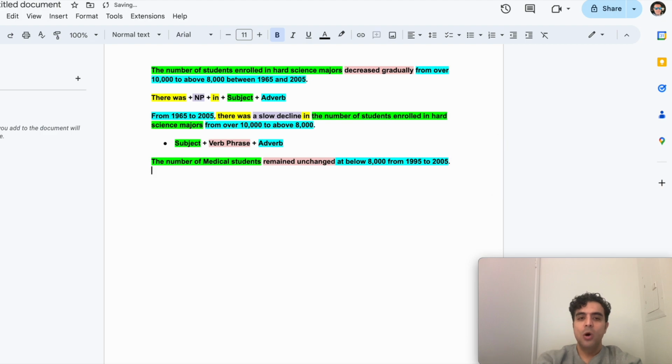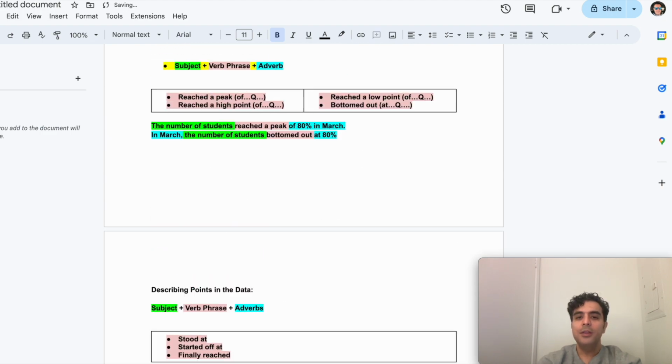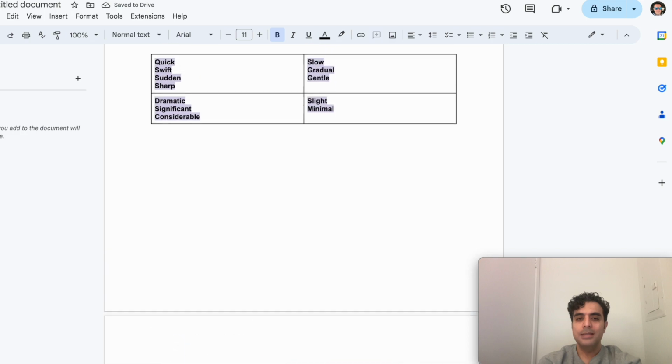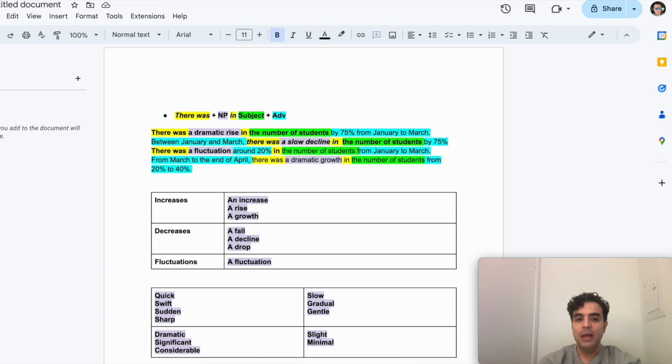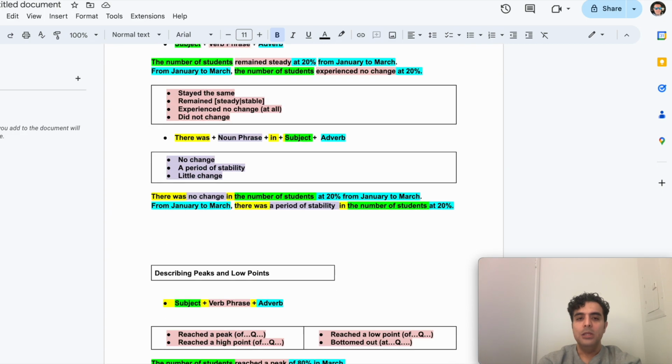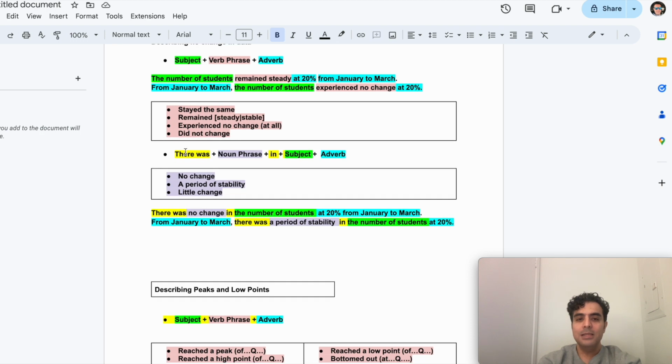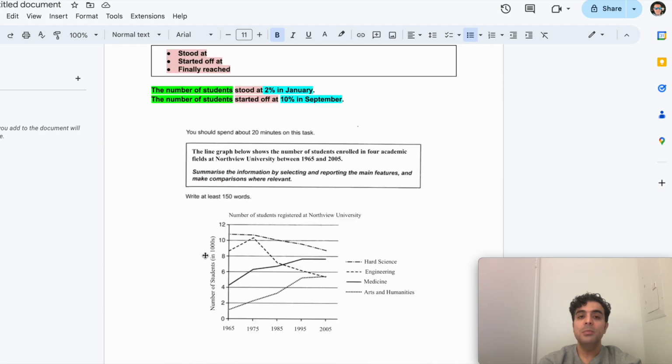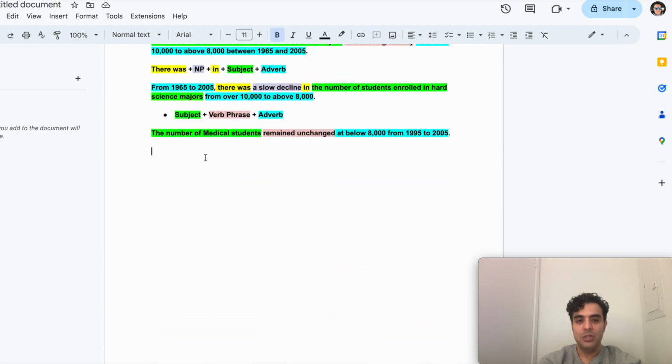Okay, so what if I want to use the other structure for describing no change at all? So the way you would do this is this time you would use this structure, and then you would use a noun phrase such as no change, period of stability, or little change. So let me show you how this is done. We're going to change the same sentence and transform it into this noun phrase style of expression.